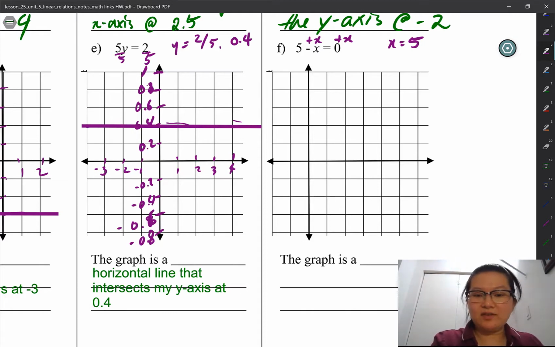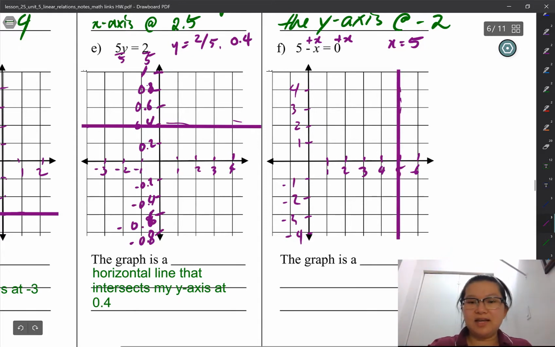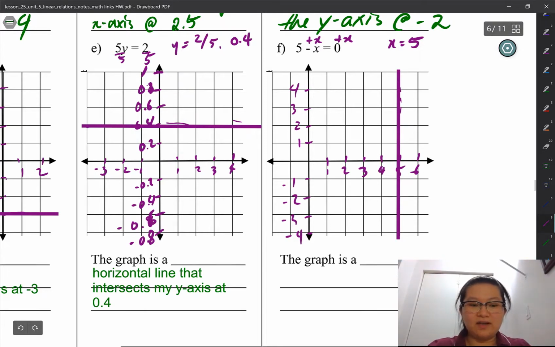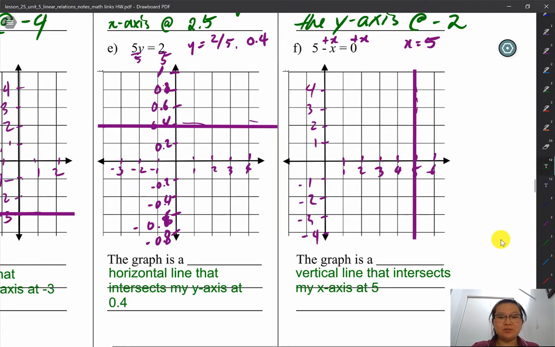So then my graph is going to look like this, in which no matter my value for y, my x will always be equal to 5. So here I'm going to get a vertical line through my x-axis at 5. So I get a vertical line that intersects my x-axis at 5. Okay, so there you go. There is F.